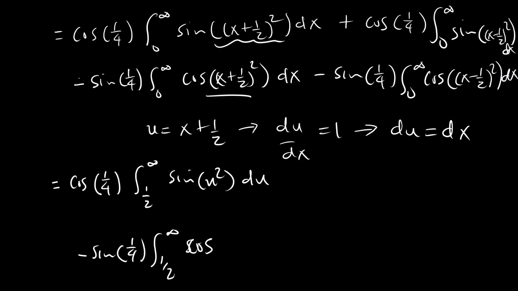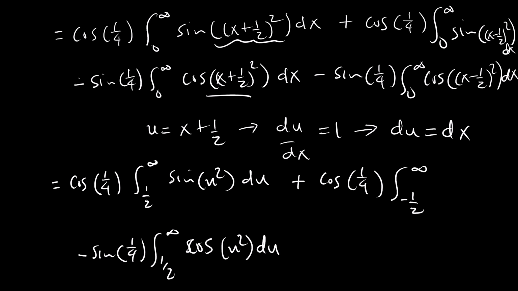And up here we say plus, and if we let u equal x minus a half, we have cosine of a quarter times the integral from negative a half to infinity, and let's use the variable y, so we have sine of y squared dy.